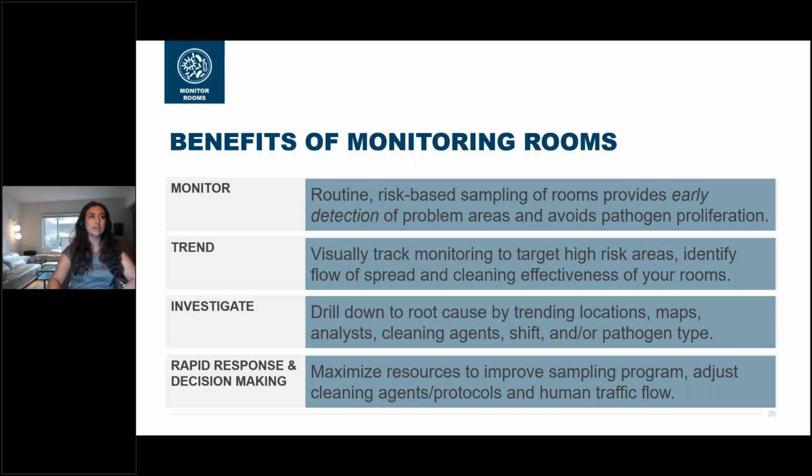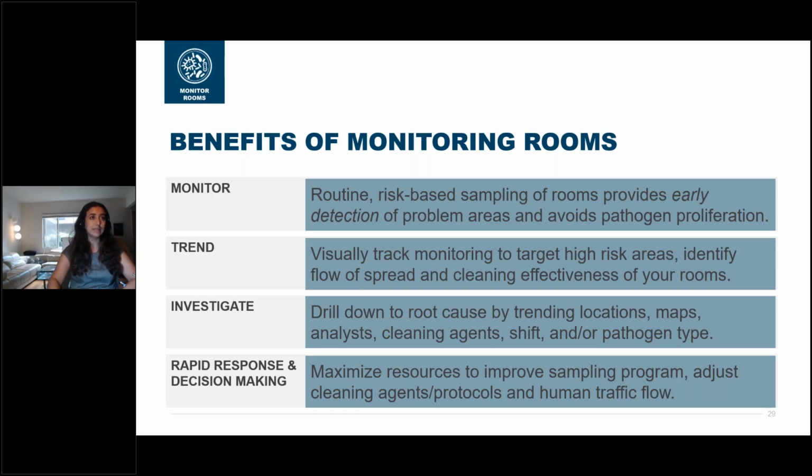And then when we do have an issue, we are able to drill down by potential contamination causes, locations, look at maps, look at analysts dealing, look at cleaning agents, look at shifts, look at anything that may help you make timely decisions and rapid response to a potential outbreak. So really maximizing those resources.